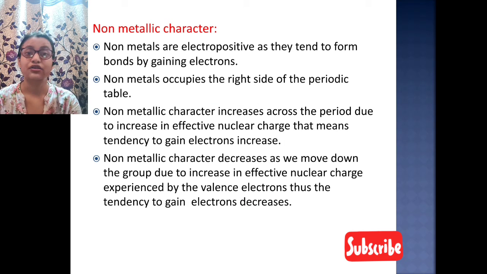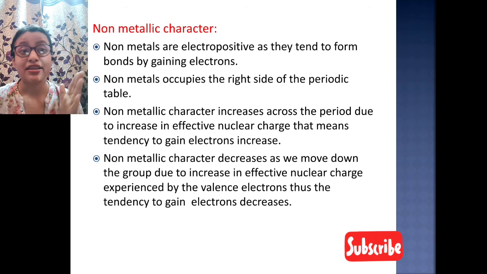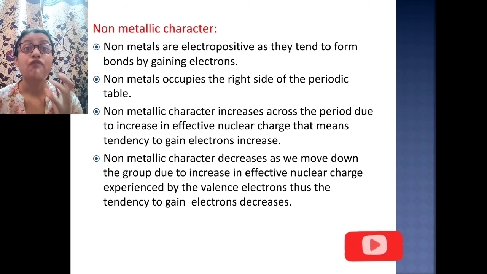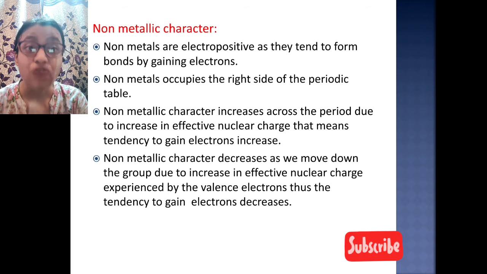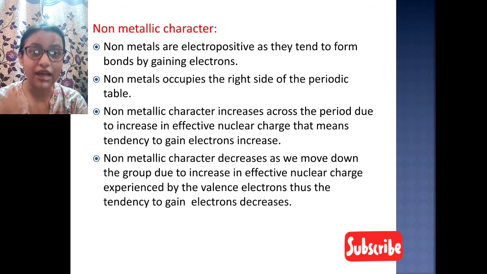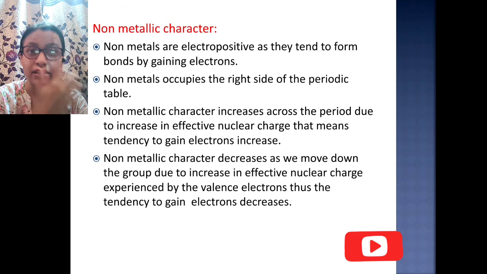Next is the non-metallic character. Remember that non-metals occupy the right hand side of the periodic table, and non-metals are always electronegative as they tend to form bonds by gaining electrons. Non-metallic character increases across the period and decreases as we move down the group.